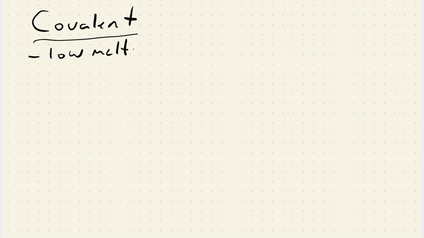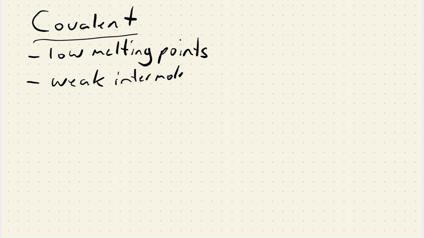So covalent substances tend to have low melting points. We know that because most of them are gases. And why? That's because between the molecules, there are weak forces, which we call weak intermolecular forces.